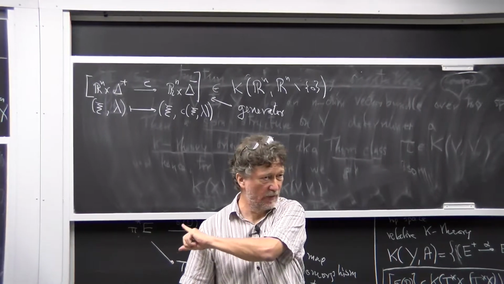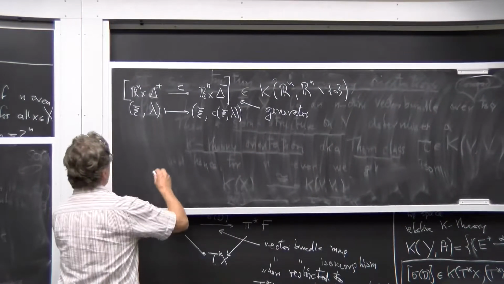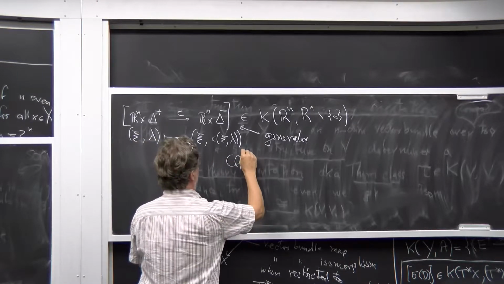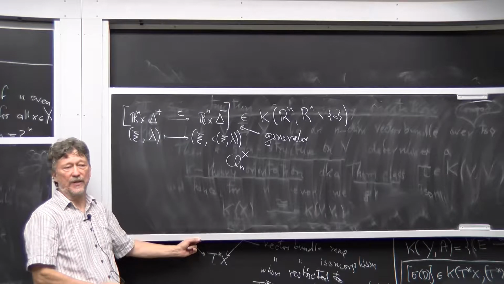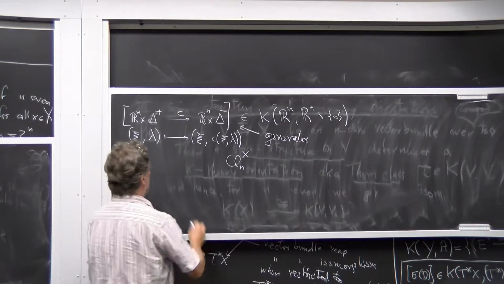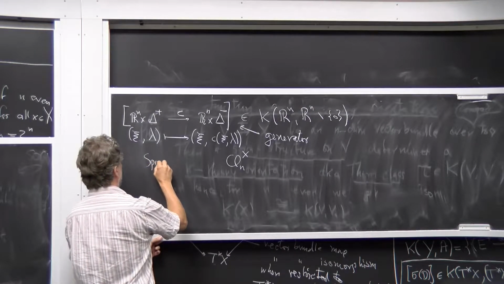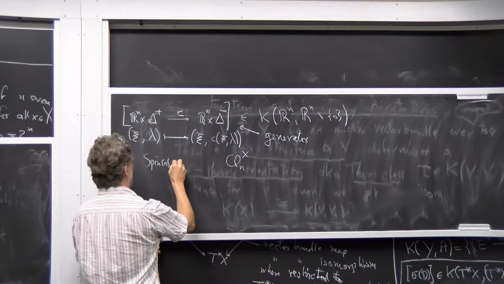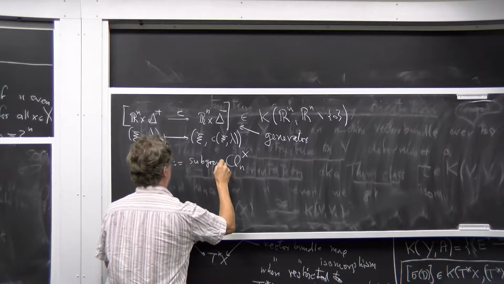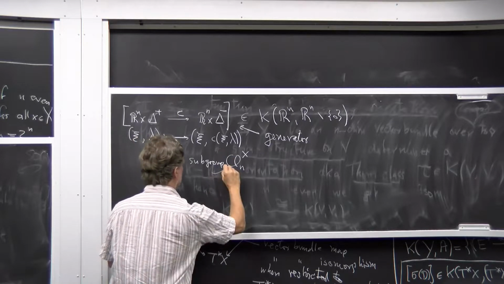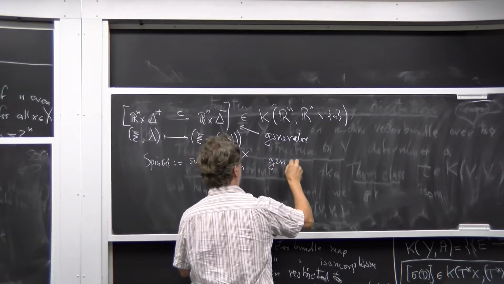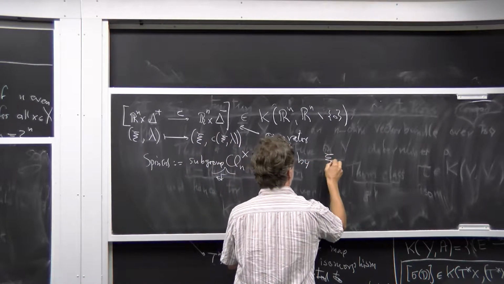So I start with the Clifford algebra and take the group of invertible elements of the Clifford algebra, and I define Spin(n) to be a subgroup of the invertible elements, which are generated by the elements psi.